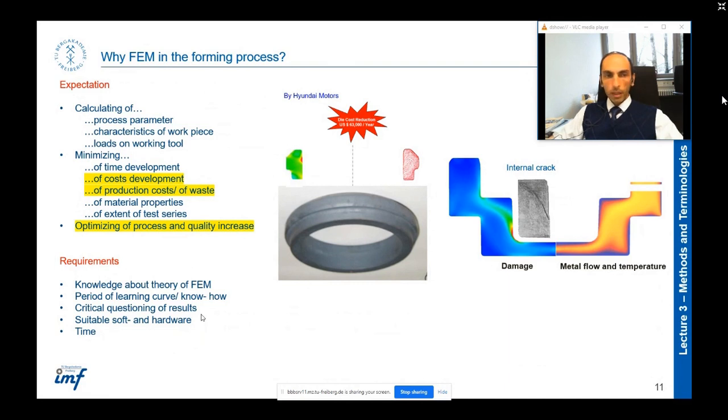And of course, you need suitable software and suitable hardware also, because a good computer helps to reduce the time, and simulation needs time. It's not like I run the simulation and then this is the result. Sometimes in industry they expect such things. And all the time I say, I can run a simulation in 15 minutes for you, but the result is not usable because it's just graphical.